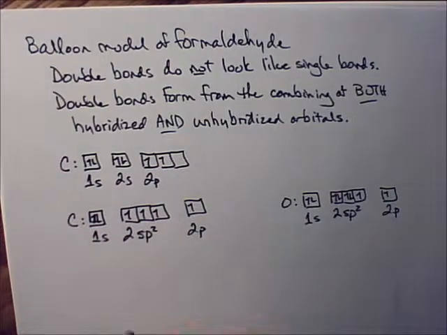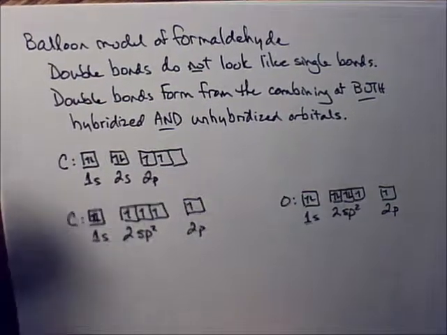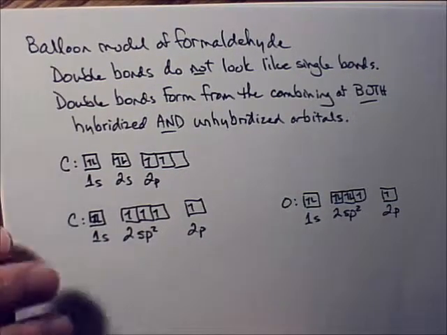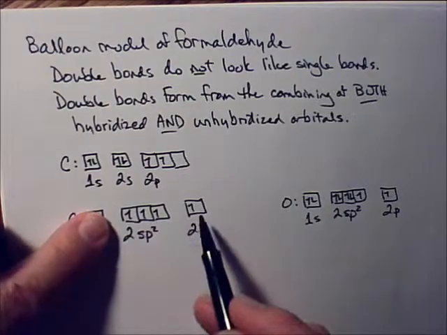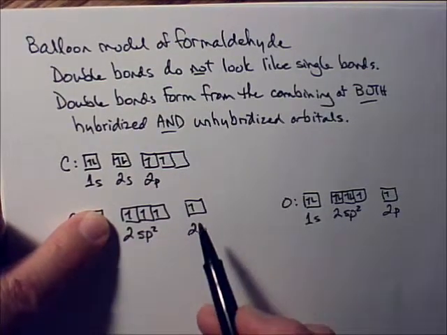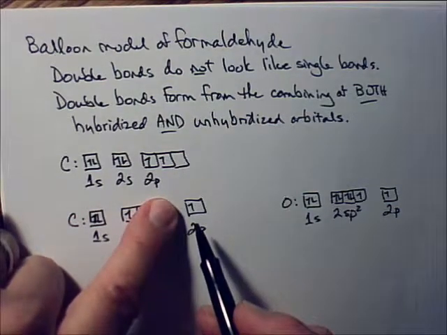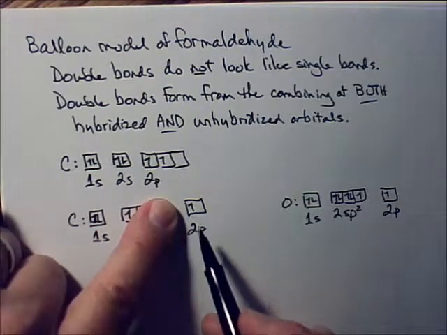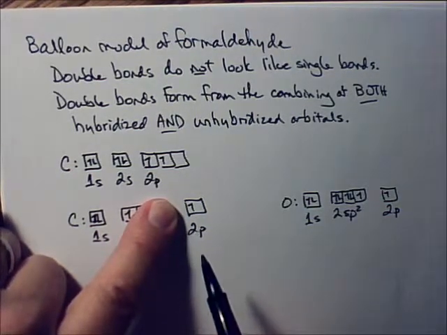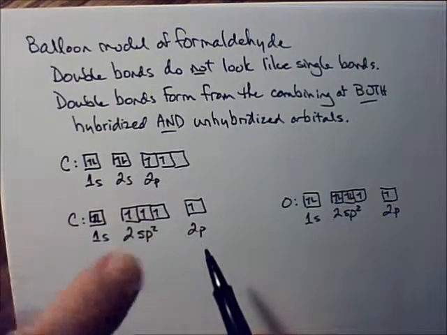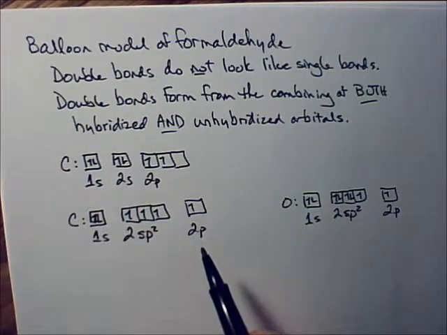So the shape of all this is going to be completely different now. Instead of having four orbitals that are all exactly the same, we're going to have one p orbital that's not changed. What is the shape of a p orbital that's not hybridized? We did this in the last unit. We made a model of p orbitals. What do they look like?